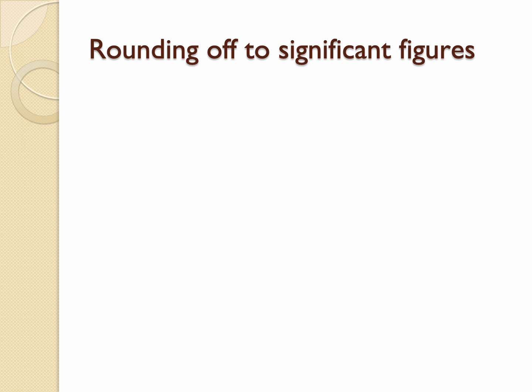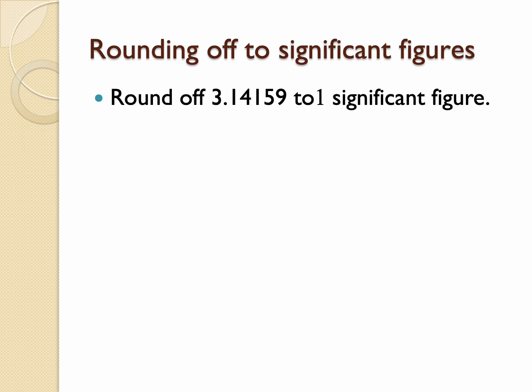Now, instead of rounding off to any decimal places, we can also round off to a given number of significant figures. So let's round off 3.14159 to one significant figure. To do that, we start counting the significant figures from the left. That is, we find the first non-zero digit.